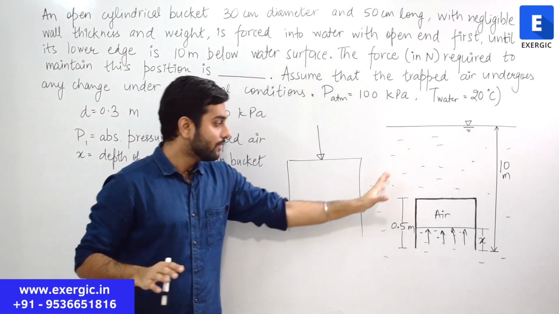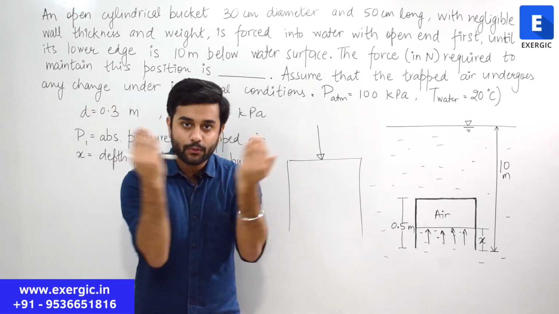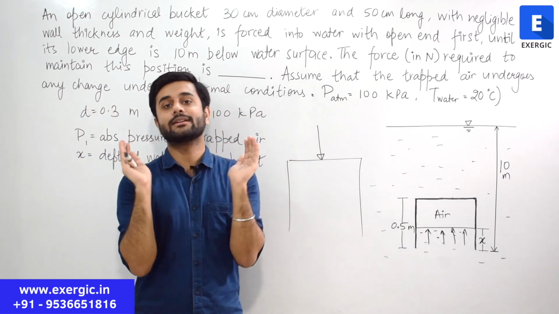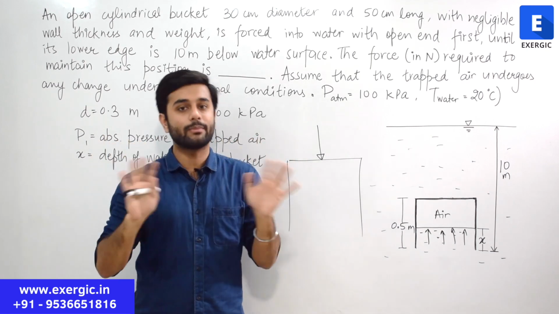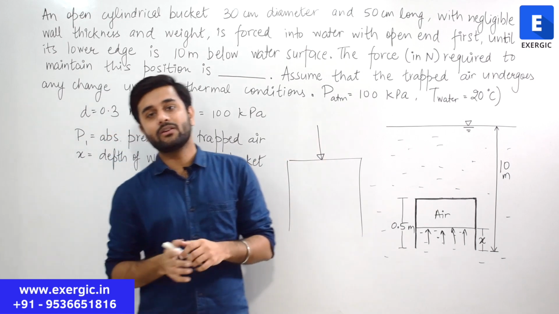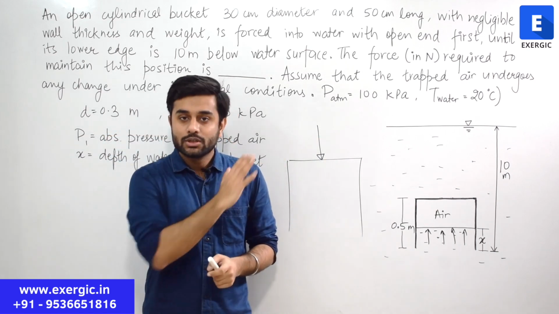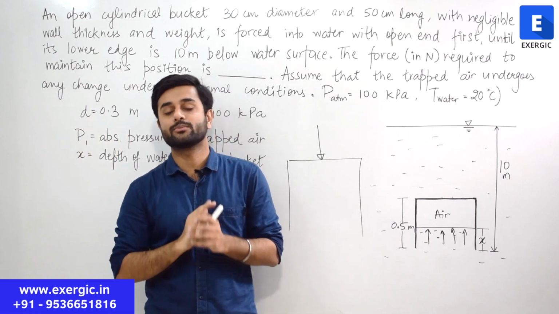Correct or not? Because fluid is present all across the curved surface. So forces acting on the curved surface are not going to matter. And anyway, we want to find the force in the vertical direction, so why would we consider any horizontal force? So let us remove all the horizontal forces and forces on the curved surface from the picture.